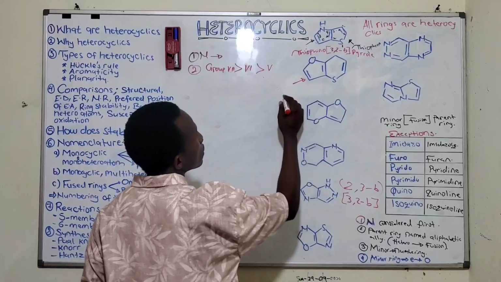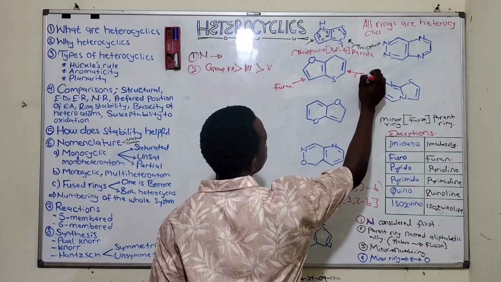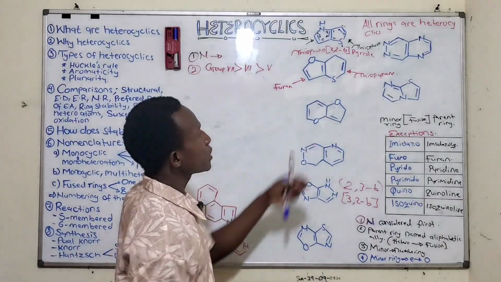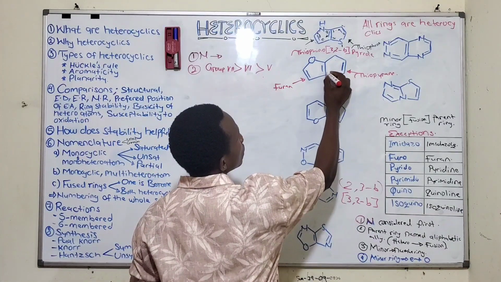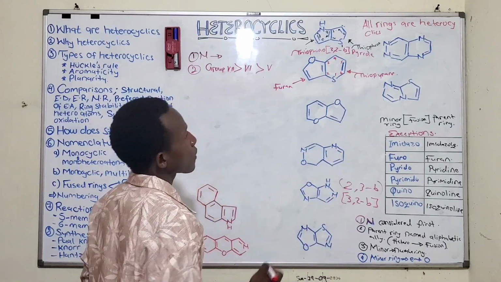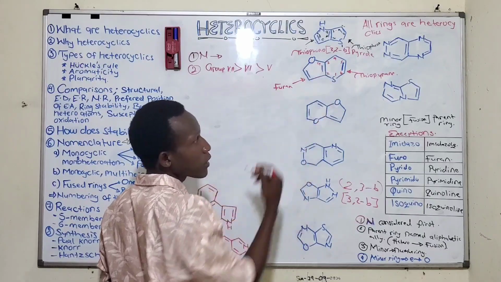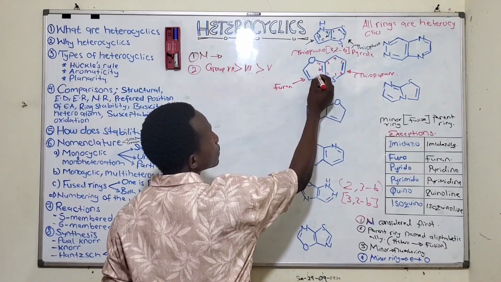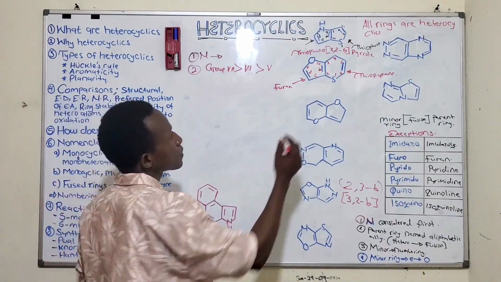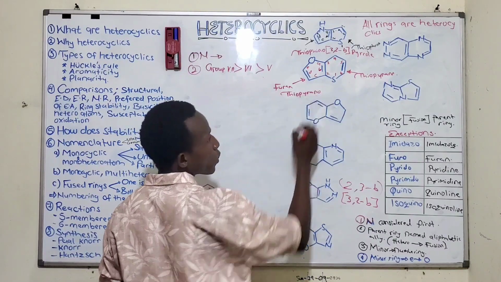This is furan, and this is thiopyran. We say that the minor ring, we give it numbers. So this is 1, 2, 3, 4, 5, 6. Then the major ring, we name the faces from the heteroatom. This is A, and towards the fusion, this is A, B, C, D, and E. So the name will be thiopyrano.